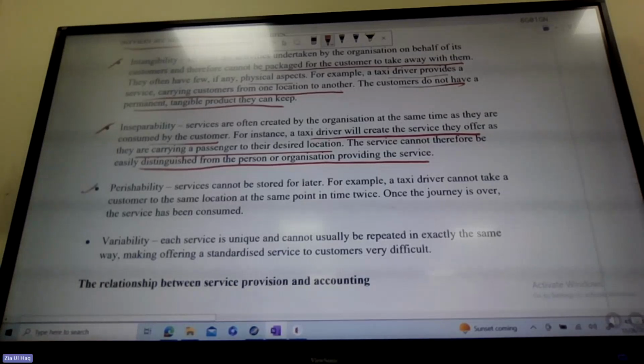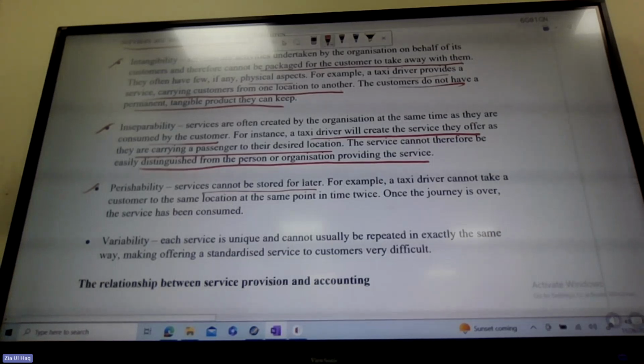And services have perishability. If a person who provides services doesn't work for many days, his working skills will weaken, so services become perishable. Services cannot be stored for later. You cannot say, I will store these services today and get the benefit in the future.